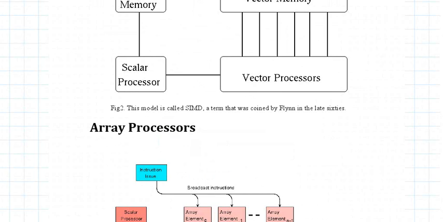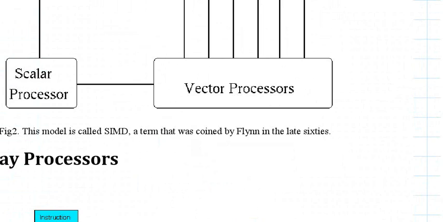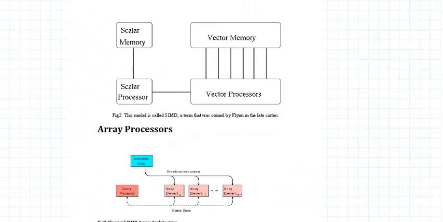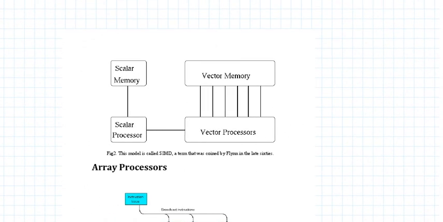This is the actual diagram or actual model of SIMD, which was coined by Flynn himself. I think you remember Flynn's classification, and this was the SIMD model coined by Flynn. So just have a deep look into the diagram.